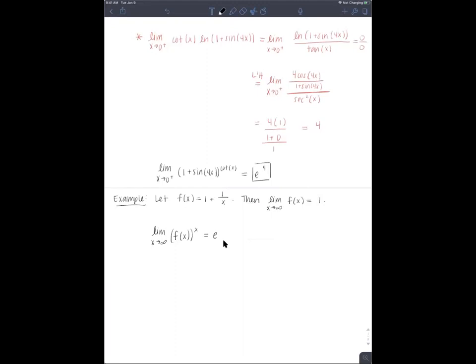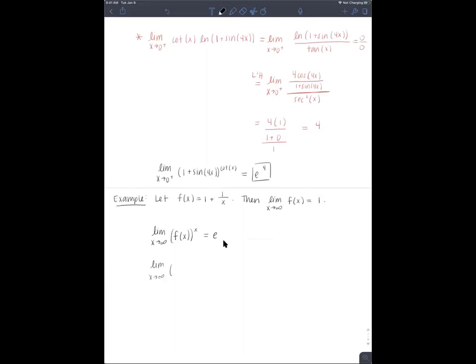If you do this problem the same way that we solved the example we just did up here, you would get an answer of e. It results in 1 to the infinity before you do all of that work. But after doing all of that work, you're going to get e and not 1 to the power of infinity, or even 1, right?